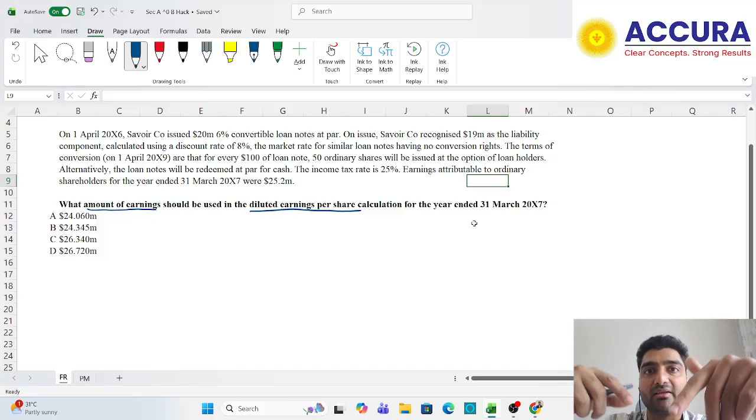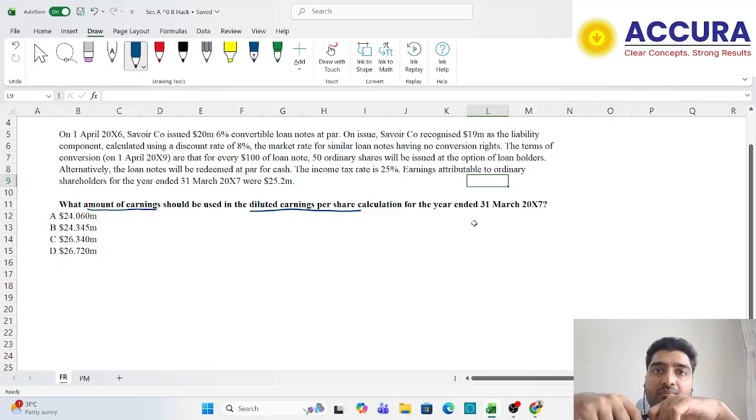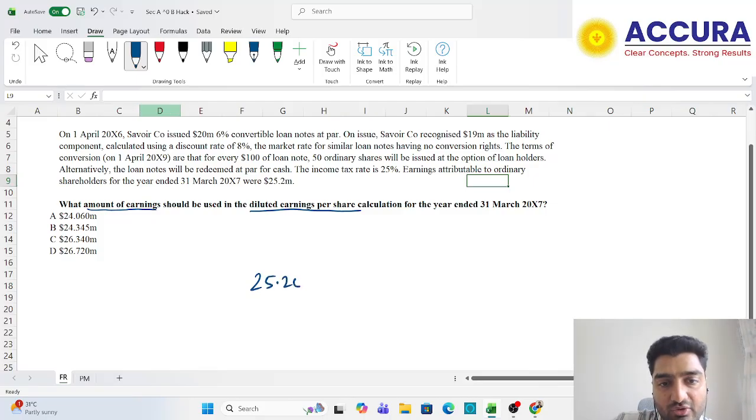They will be getting dividend from the date of conversion. So can I say whatever interest we were paying them till the date of conversion will now be saved from the conversion date? So don't you think the earnings available will now be $25.20 million plus something, the interest that is saved?